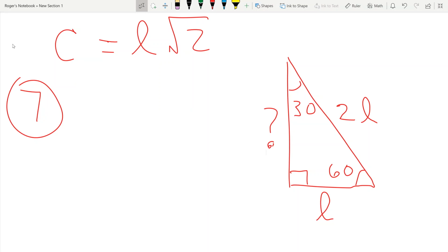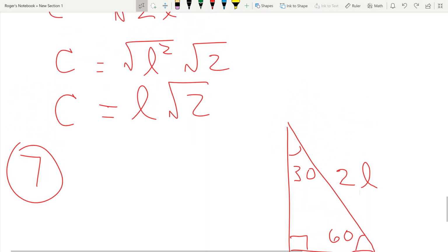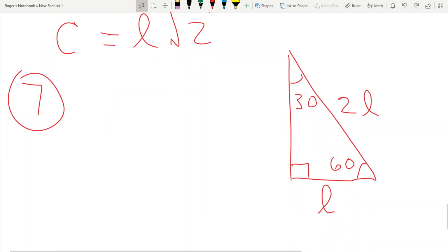What will be the application here of the Pythagorean theorem? So the sum of the squares of the two legs must be equal to the square of the hypotenuse. So then I'm going to call this other leg here, and instead of a question mark, let's label it as B. Doesn't really matter.